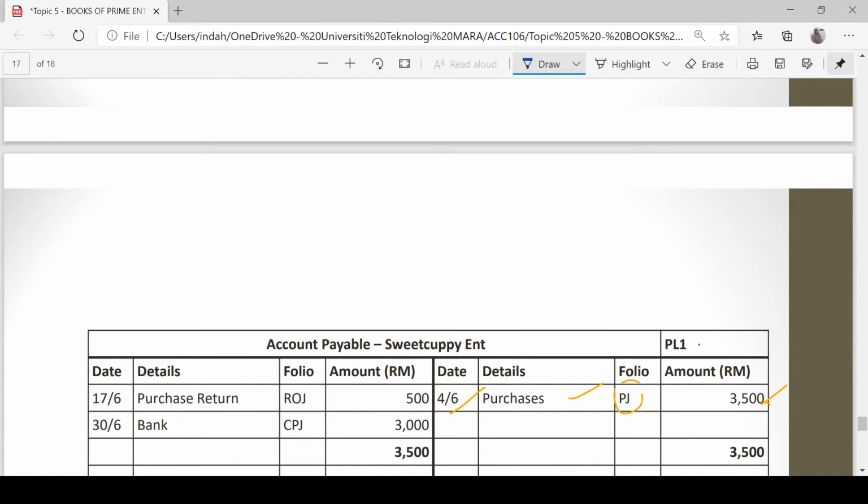Purchase return or return outward, 500. So we update here. Return for credit purchase would reduce the liability, which is account payable. When liability reduces, you debit. So you debit here 500.